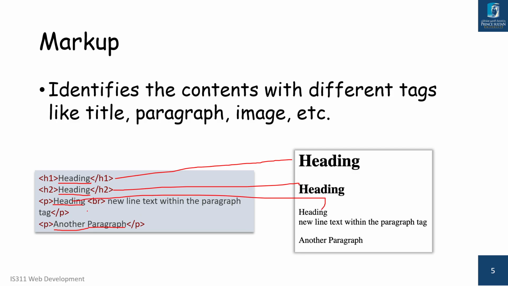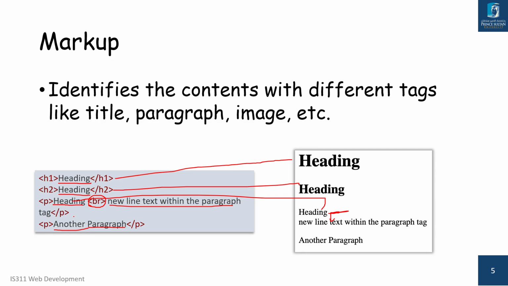And then after that we are putting that br, so it will tell that I don't want to display anything after it, just go to a new line and then show this content. Okay, so we just mark this simple text with different tags, and on the page they appear differently, and that is the meaning of markup. We are marking the contents with different tags, and based on those tags they appear differently.